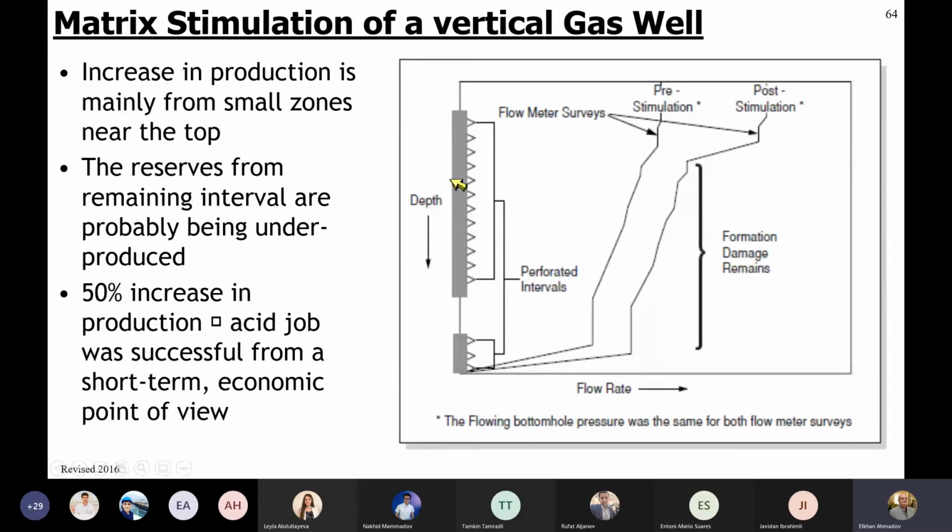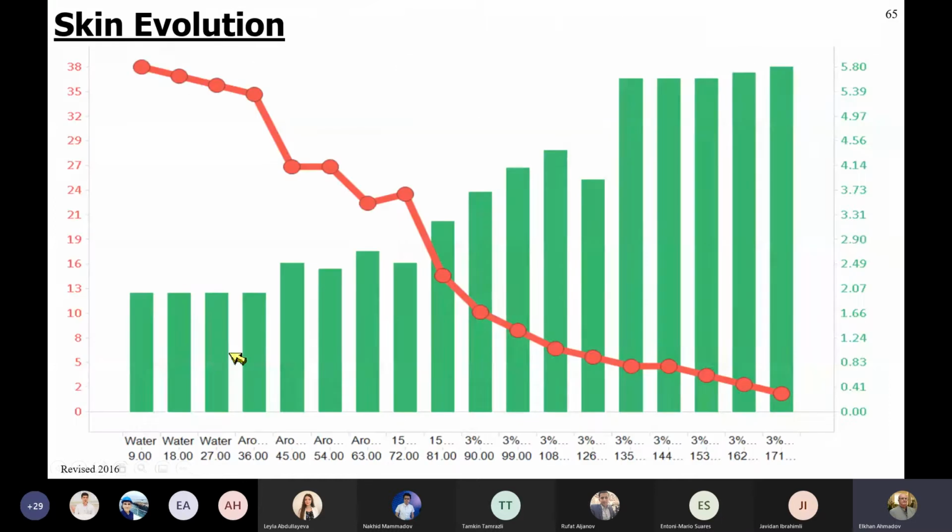This is a skin evolution from the beginning of the acid job to the end of the acid job, with the injection of fluids. Initially, we inject the water, and then aromatic solvents, and then HCl for pre-flush, and then regular mud acid.